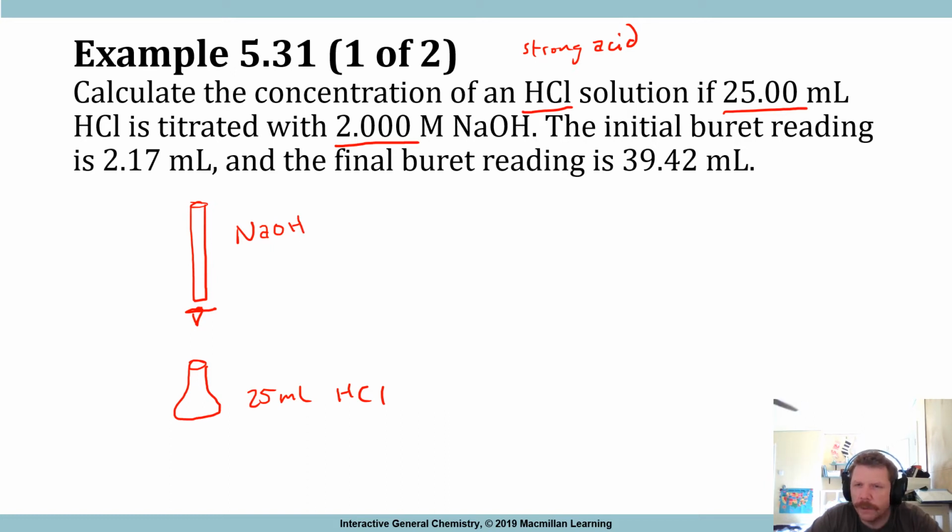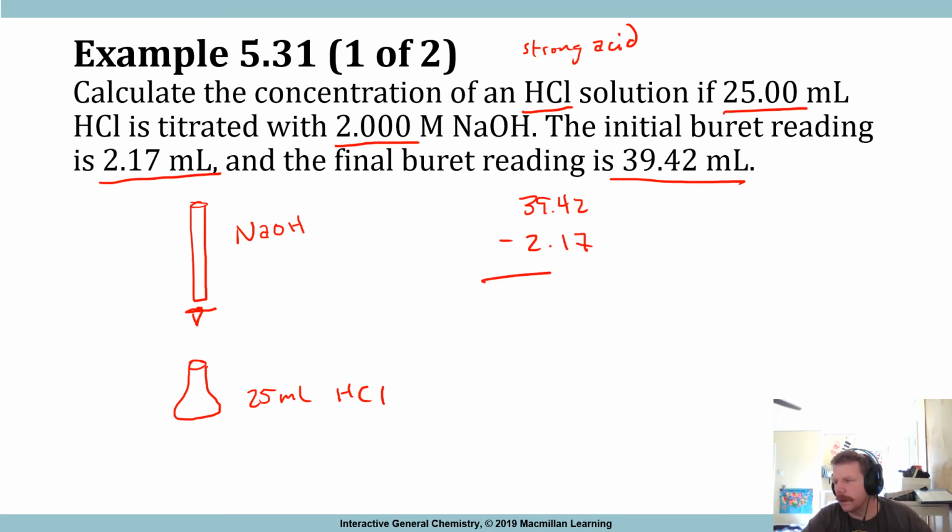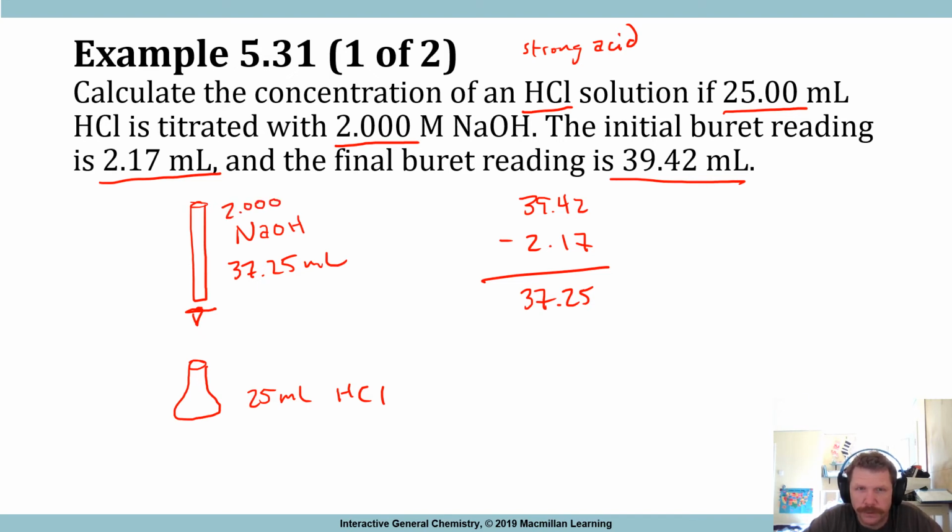What we need to do is take our final burette volume reading and our initial, say 39.42 minus 2.17. That will give us our total volume titrated. So 39.42 minus 2.17 gives me a volume of 37.25. So we've added 37.25 milliliters of sodium hydroxide with a concentration of 0.2000 molar.